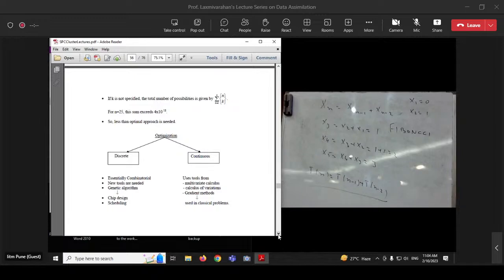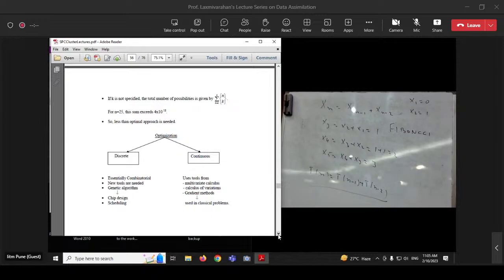But the problem we just talked about, the number of ways in which I can classify n objects into k clusters, that's discrete. There are only n objects, there are only k sets. Are you with me? So what is an example of a discrete optimization problem? There are 2 points on the map.